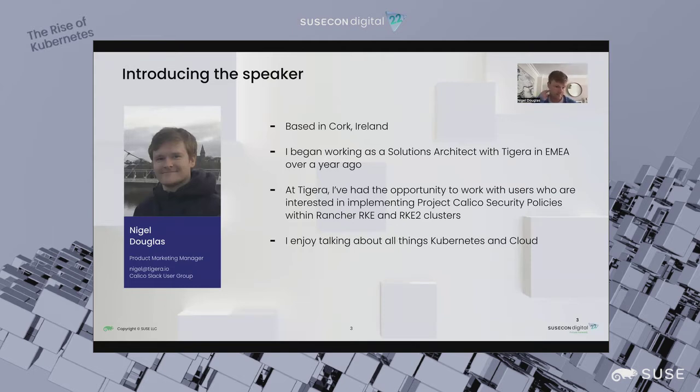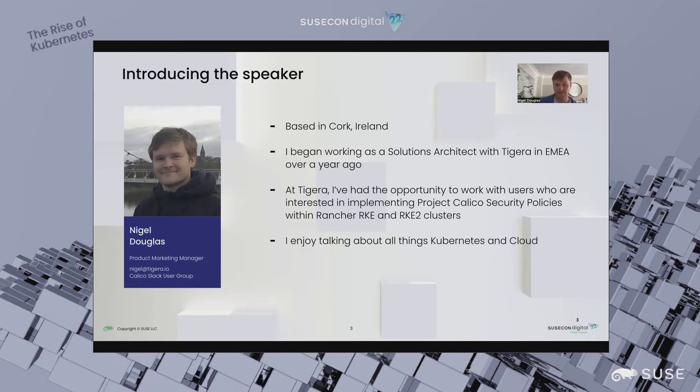So yeah, I'm based in Cork in Ireland. I've worked as a solutions architect at Tigera, working with all sorts of distributions of Kubernetes, since Calico usually comes as a default CNI implementation, or at least it comes as a supported implementation in those different providers. I've had the opportunity of working with RKE2, RKE instances of Rancher, as well as installing in Rancher Desktop in my own lab.